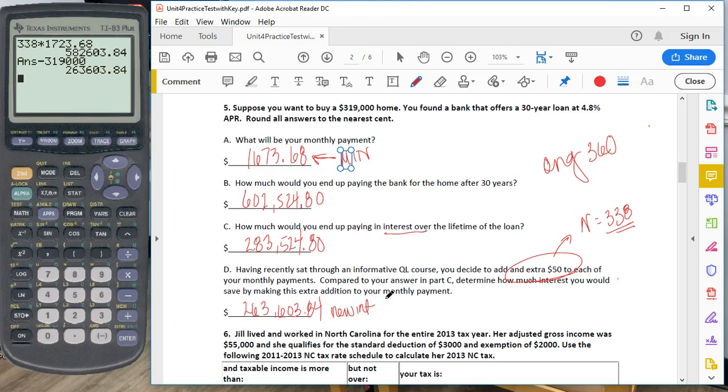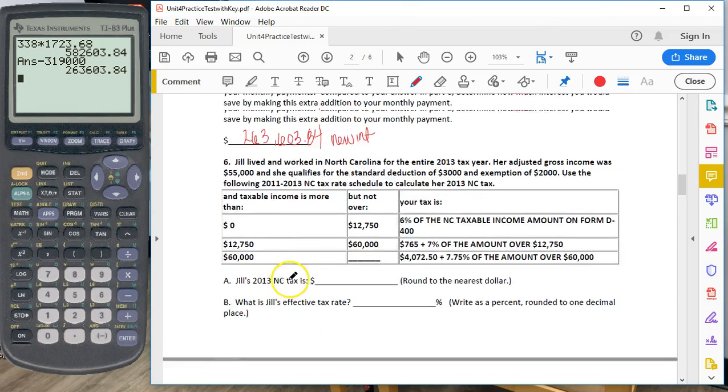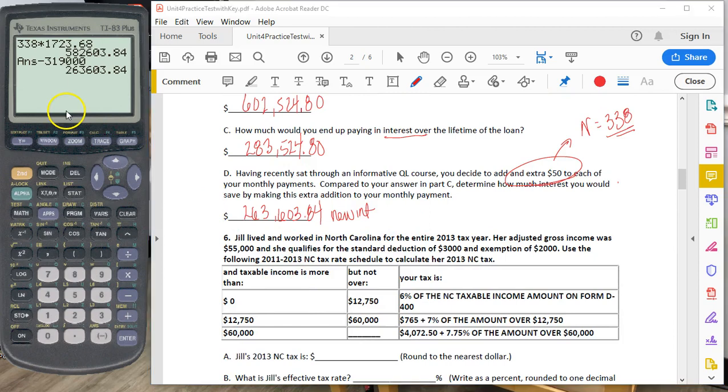So I'll be saving, let's see, minus 283,524.80. I'll be saving almost $20,000. So how much do you save? You're going to save almost $20,000, $19,920.96.